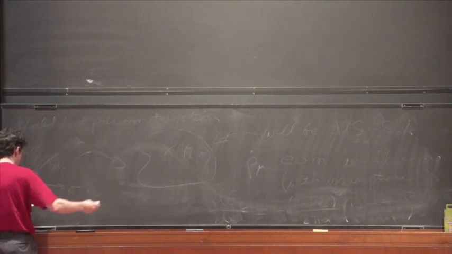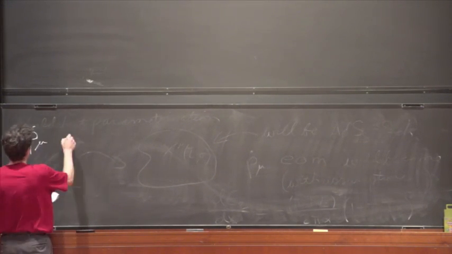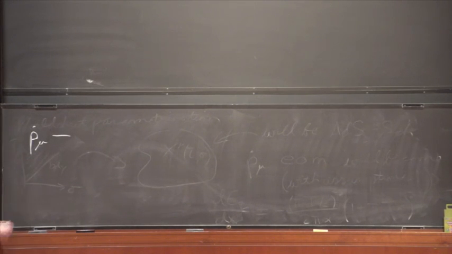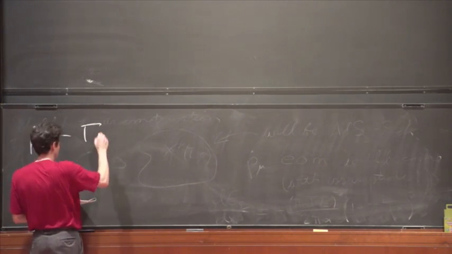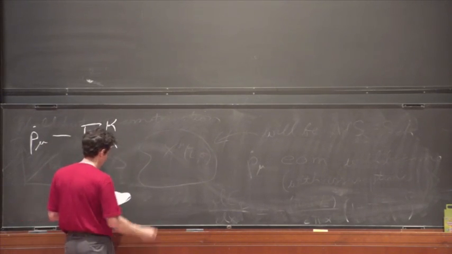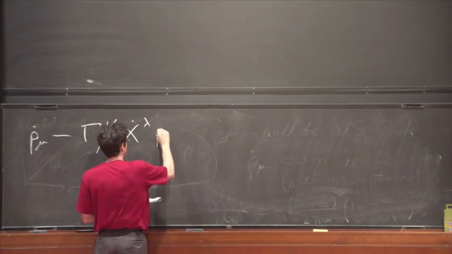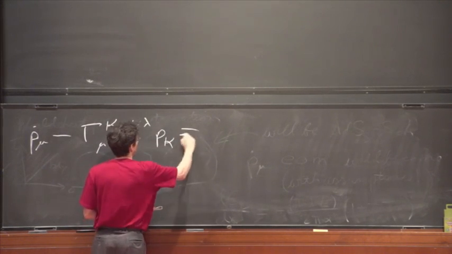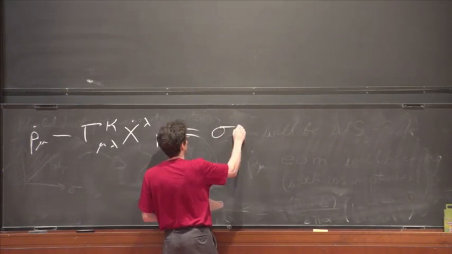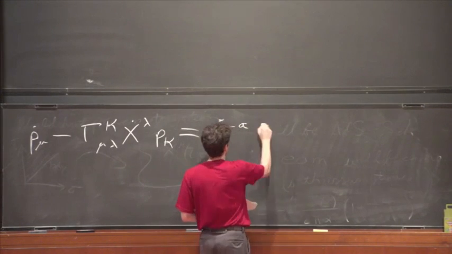Okay, that equation is p_mu dot, meaning d by d psi of p_mu, minus p_kappa Γ^kappa_{mu lambda} x dot^lambda p^kappa equals this term which describes the way that the string pulls upon the endpoint.